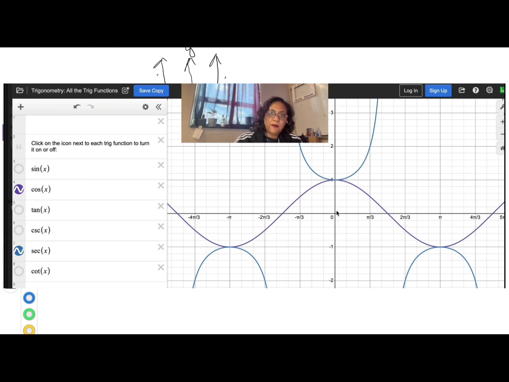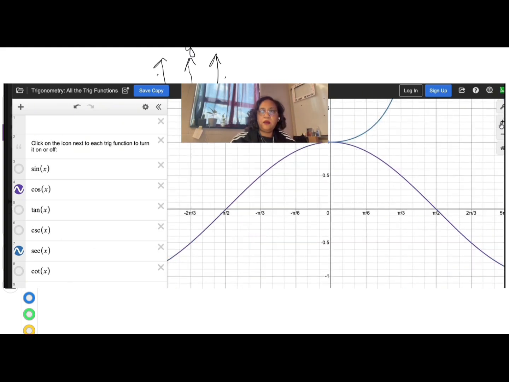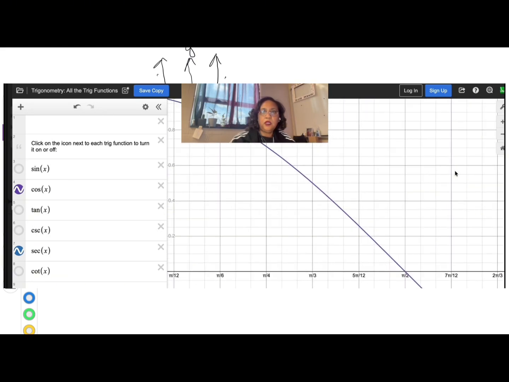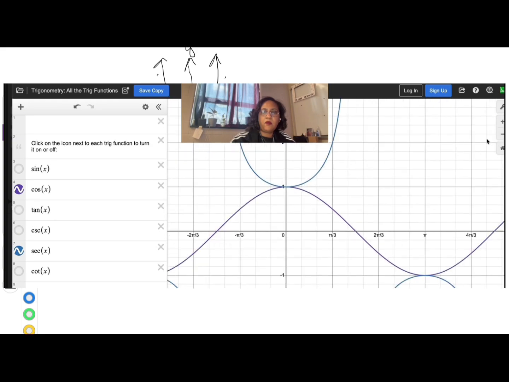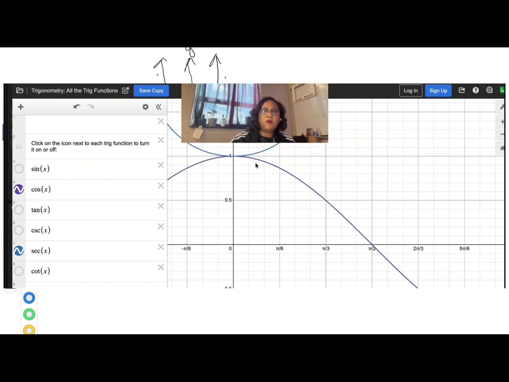It starts at 0, 1, goes through pi over 2.